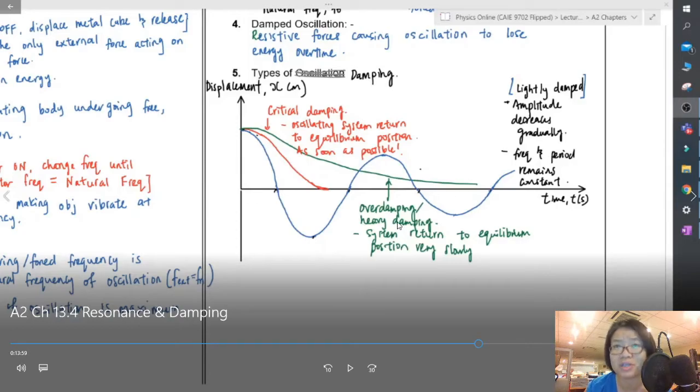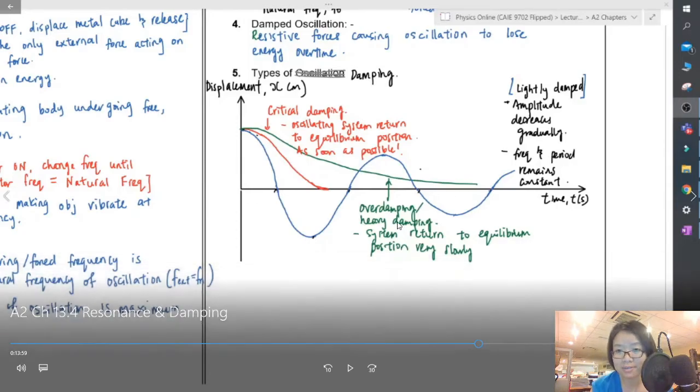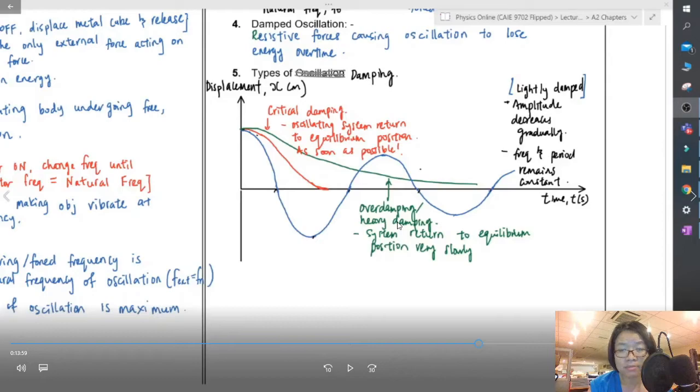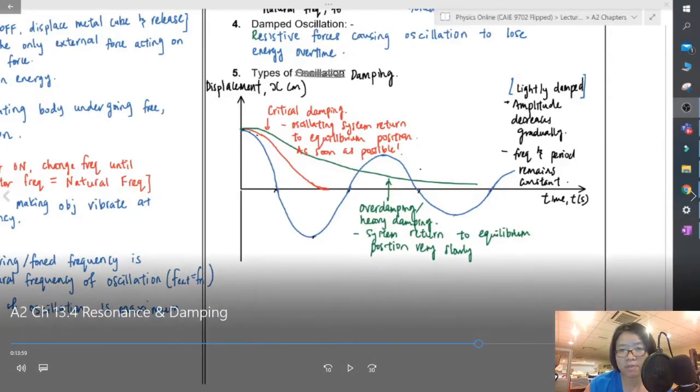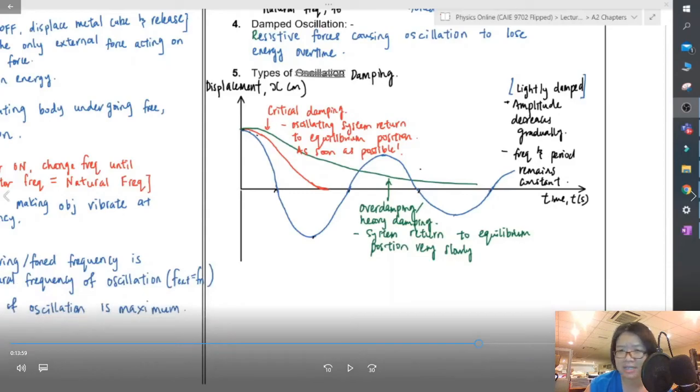Another example of over damping would be your mattress. If your spring mattress is like the blue graph, the light damping graph, then it's like sleeping on a water bed lah. You turn a bit, the bed will bounce up and down. Your dog jumps on your bed, it bounces up and down. Very tiring, cannot sleep leh.